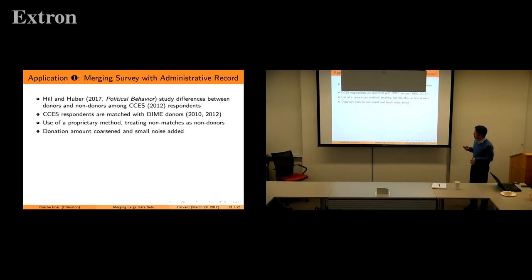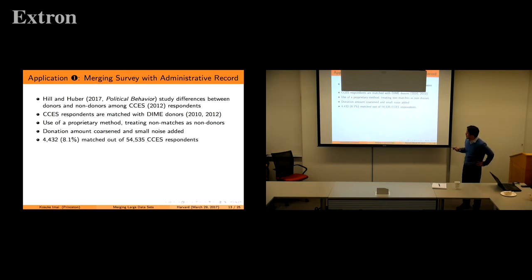As for donation amount, there's a self-reported donation amount in the CCES. They coarsen it so that you cannot identify individuals by merging with the public records. But privacy is a big issue in actual practice.